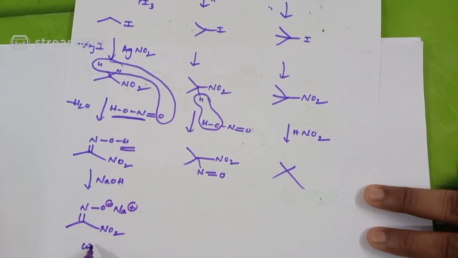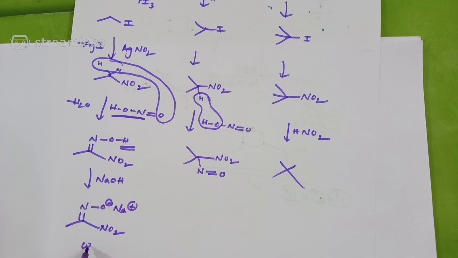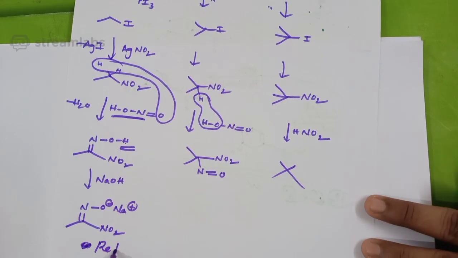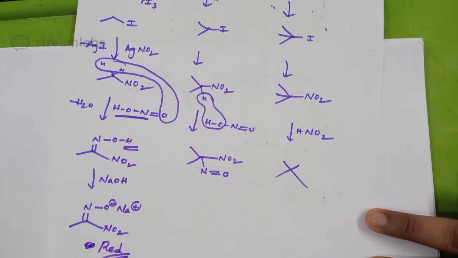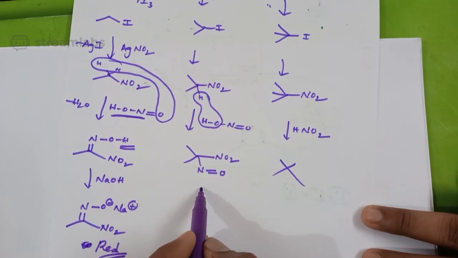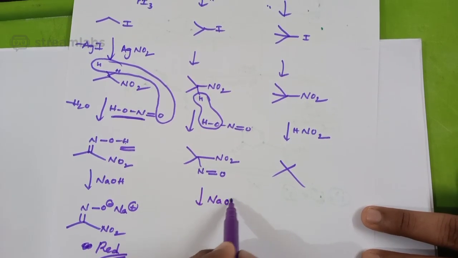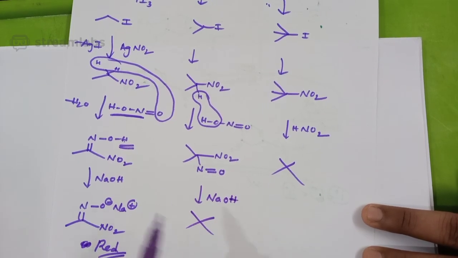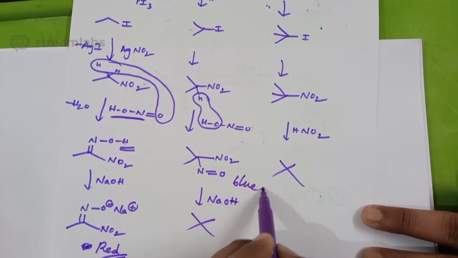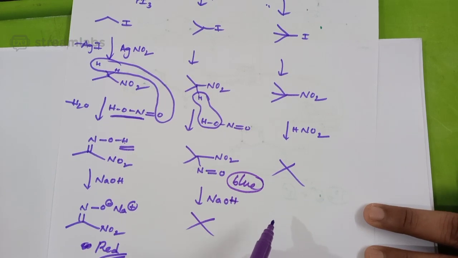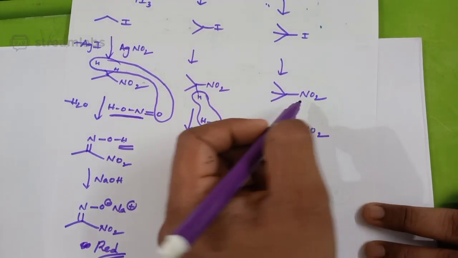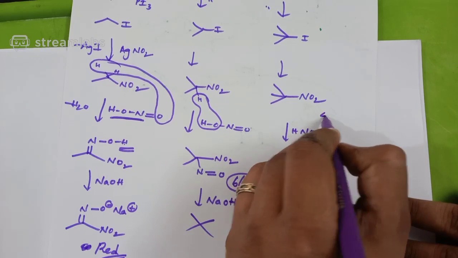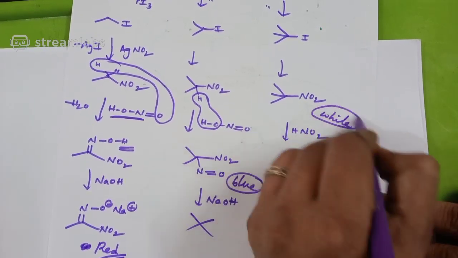This is actually a red colored precipitate, and if it is treated with NaOH, here no acidic hydrogen, hence no reaction with this, but this is a blue color compound, and here no reaction, so usually this is colorless white.